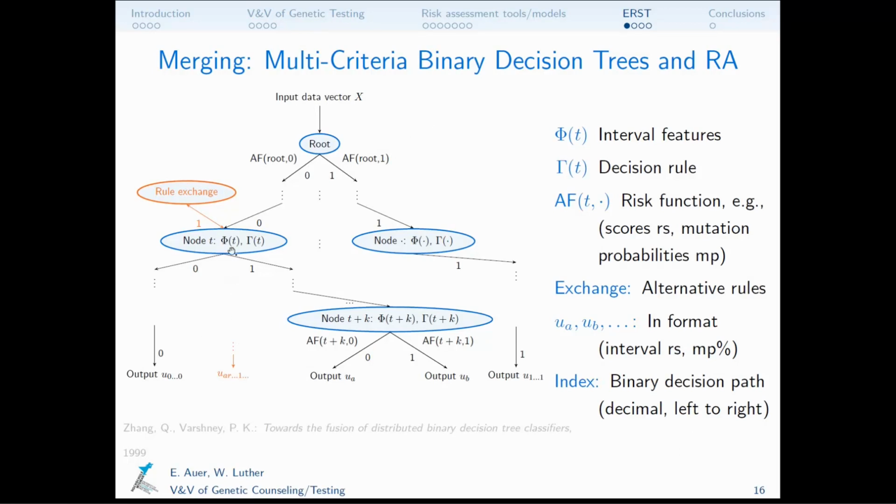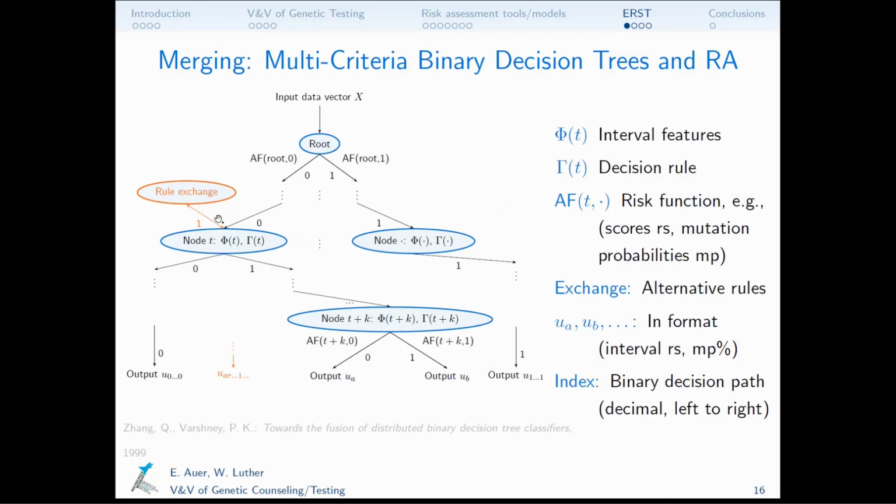So we have some nodes containing a function for interval features, containing some decision rules, also containing some risk functions depending on the answer yes here or no there. For example, such a risk function can depend on scores, risk scores, and mutation probabilities.